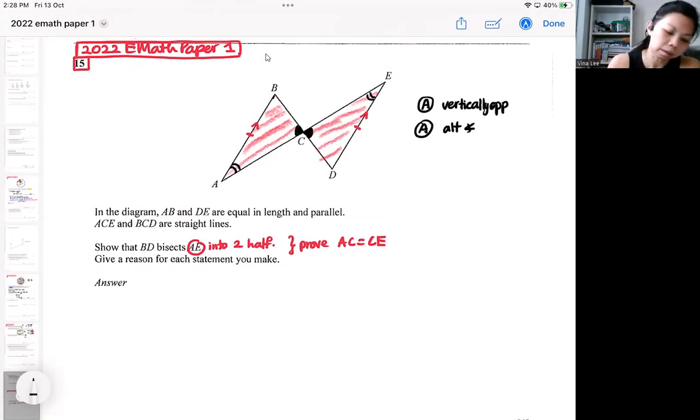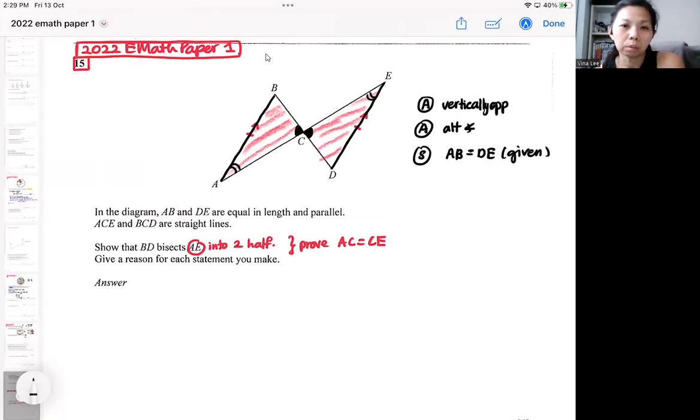Okay, and I got a same side. The same side is given to us. So I actually got these 3.